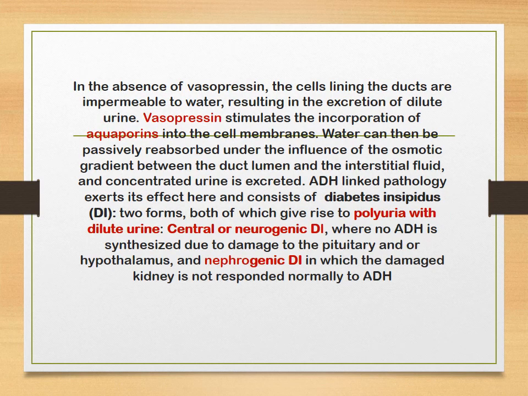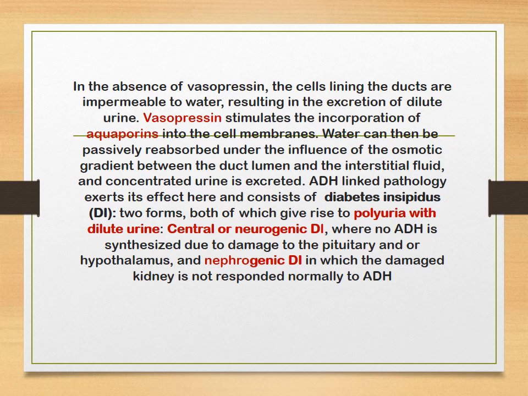Vasopressin, antidiuretic hormone, is very important for solute-free water reabsorption. Usually this occurs by its stimulation of aquaporin migration from the site of synthesis in the cell to the cell membrane, and its incorporation into the cell membrane enhances the uptake of water.